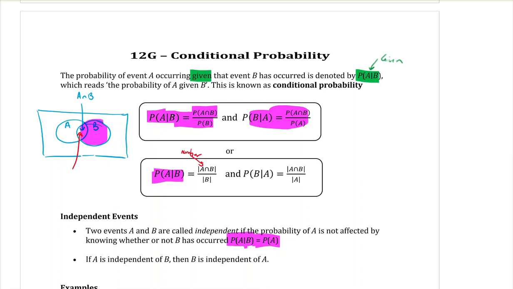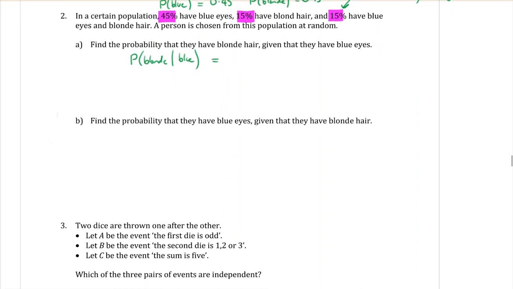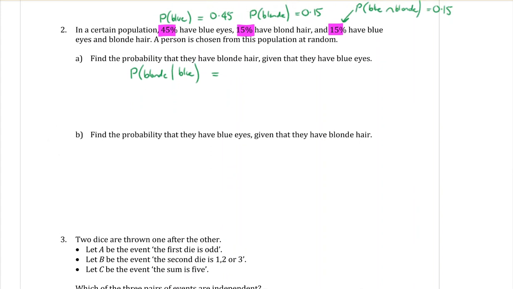The probability of A given B is A and B over probability of B. So for mine, if it is probability of blonde given blue, it's going to be probability of blonde and blue, or blue and blonde, over the probability of blue. So just adjusting the formula a little bit. So I know those numbers from the information I've been given. The probability of blue and blonde was 0.15, and the probability of blue was 0.45, and that simplifies to be 1 out of 3 chance.